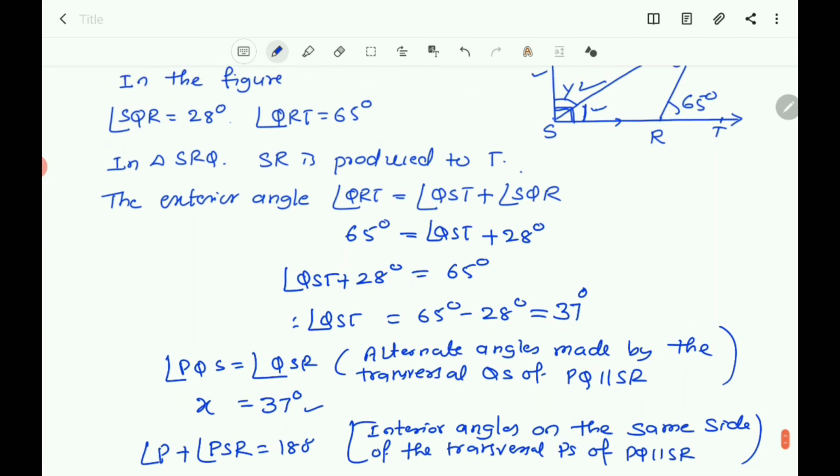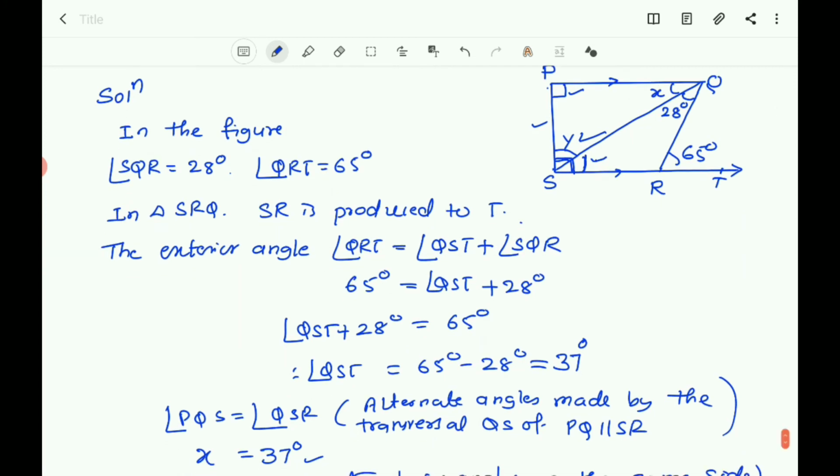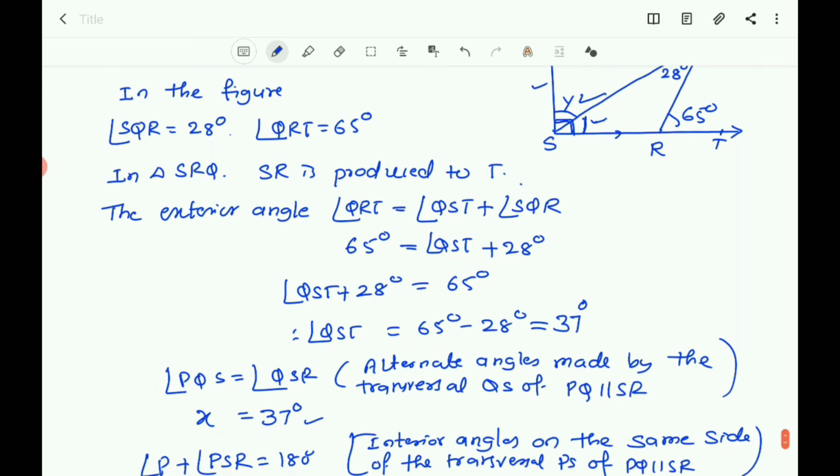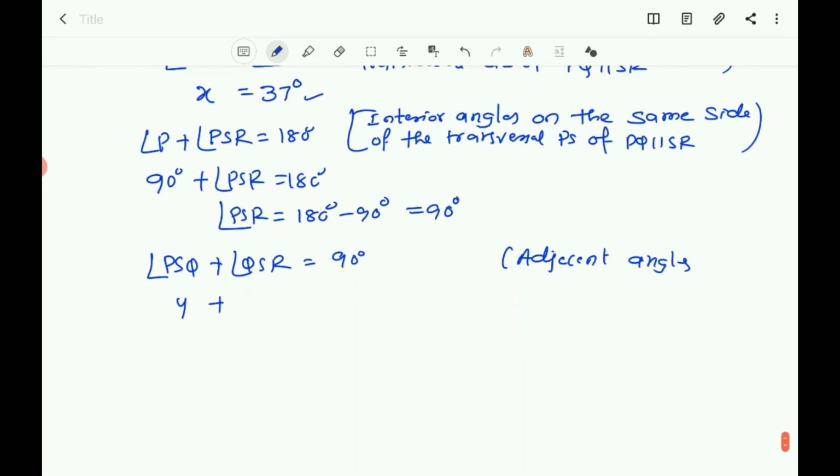Here QSR you got, that is 37 degrees. QSR plus QST, same here, 37 degrees, is equal to 90 degrees. QSR is nothing but QST, same angle here.